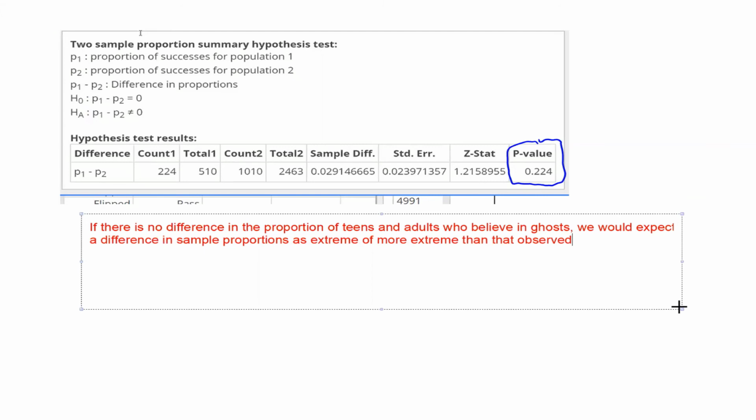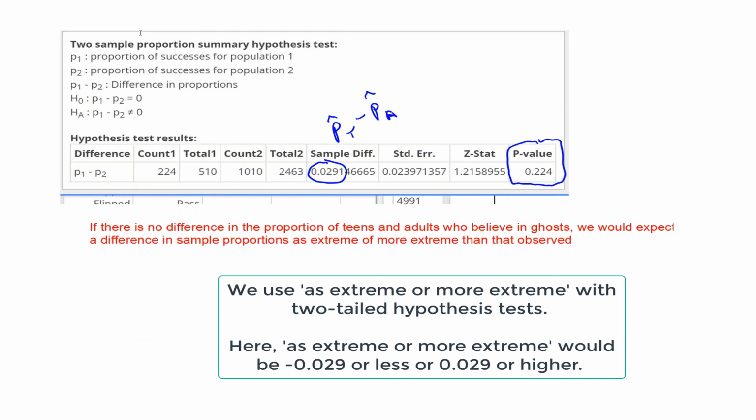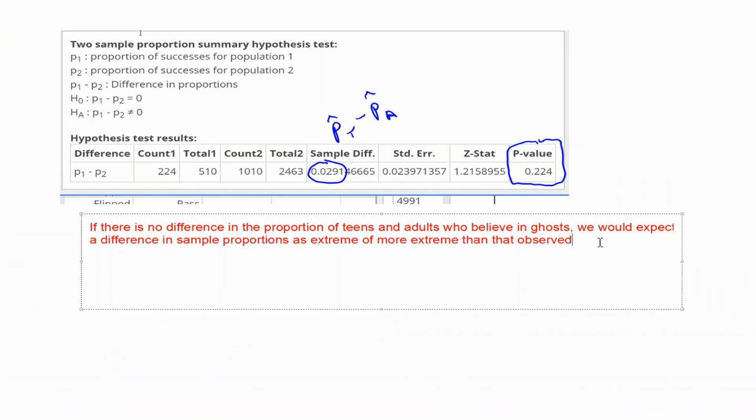Our difference in sample proportions is right here, by the way, at 0.029. That's the sample proportion of teens minus the sample proportion of adults who believe in ghosts. So when I say as extreme or more extreme, it's because this is a two-tailed test. So it could be 0.029 or higher, or negative 0.029 or less. As extreme or more extreme than that observed in about 22 of every 100 repetitions of this study.